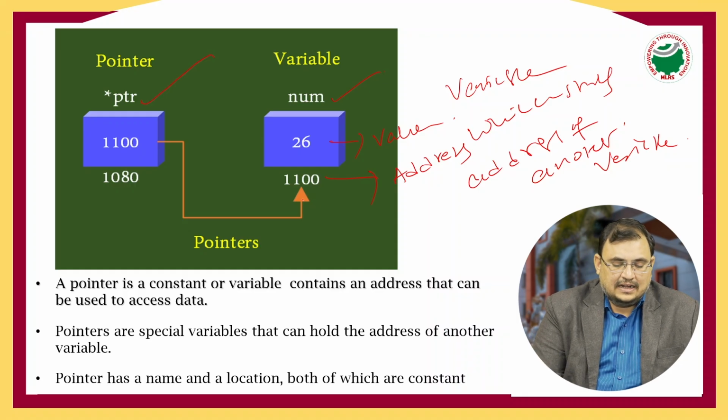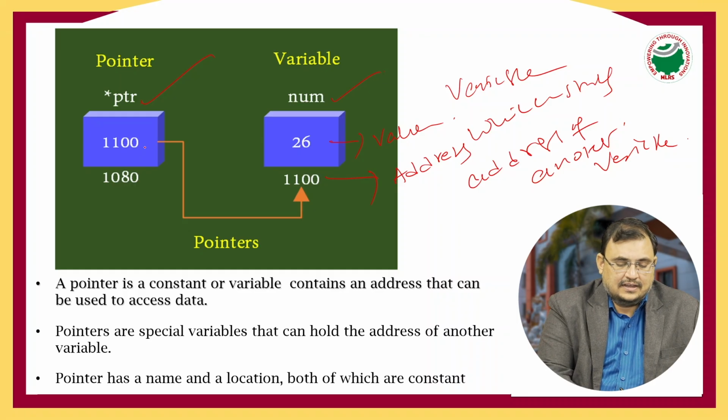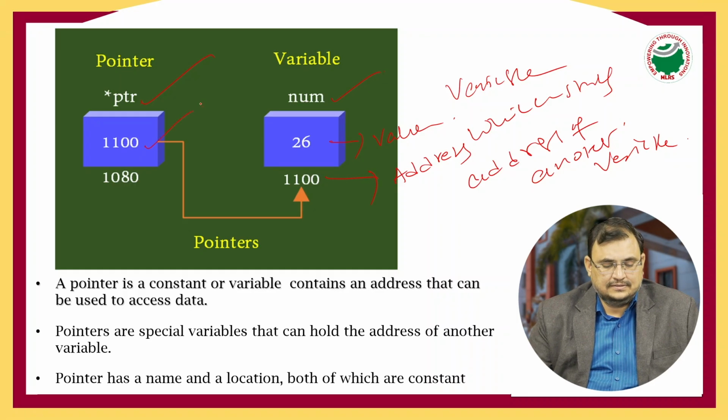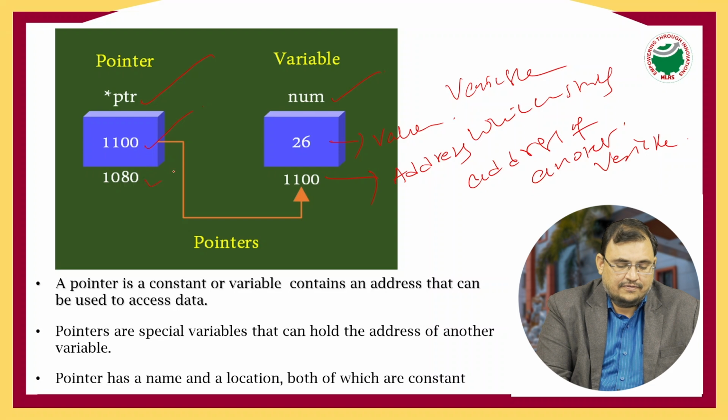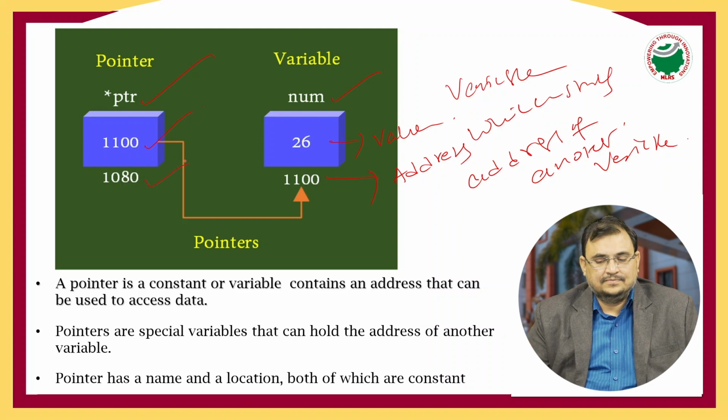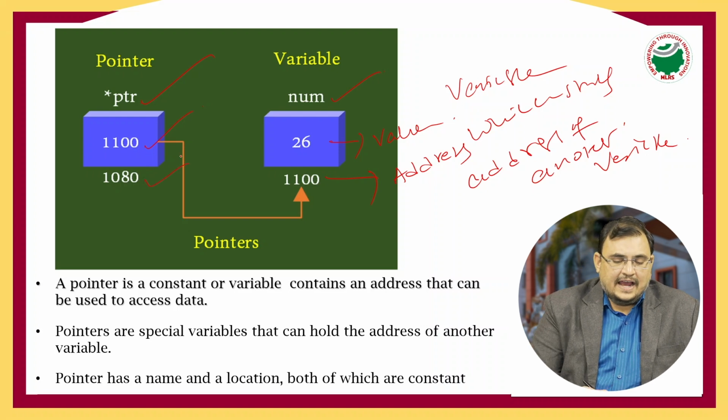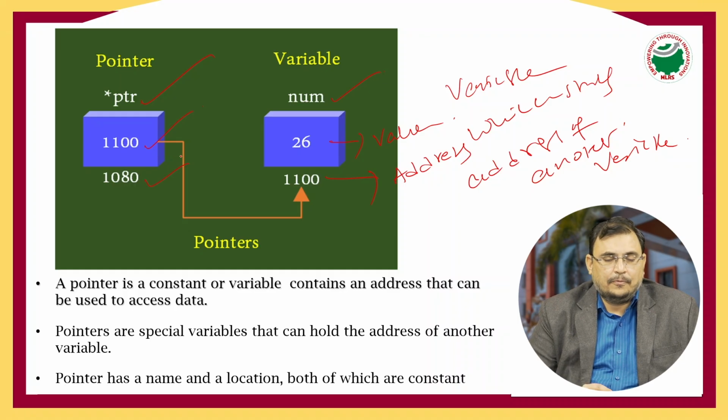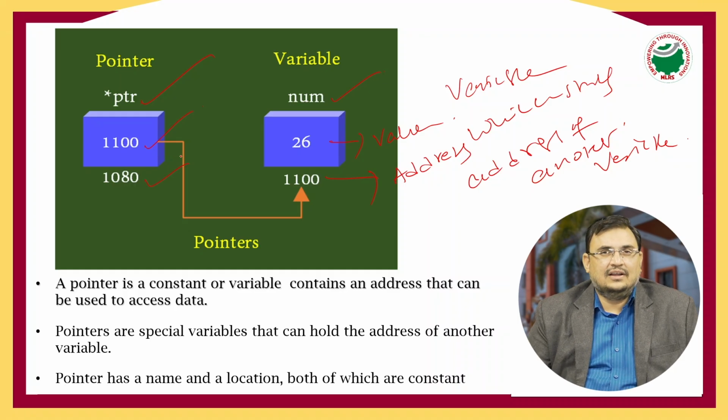The pointer stores the address of a variable, meaning 1100 is the value stored inside the pointer, and the pointer itself also has an address. So you can access the value of the num variable through the pointer. This is called indirect accessing.